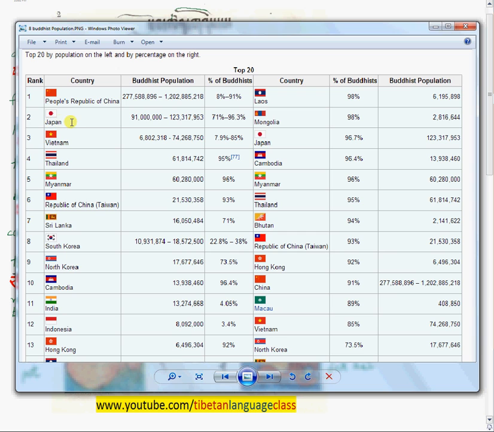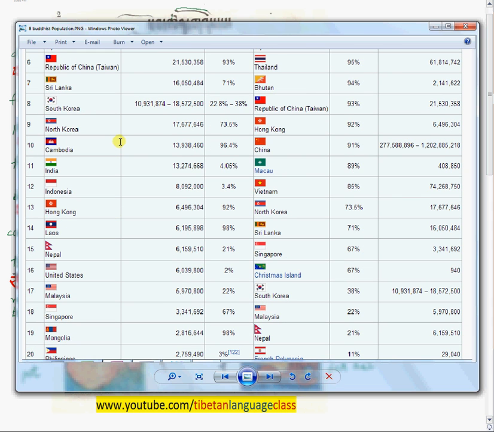And then at number 2, Japan, Vietnam, Thailand, Myanmar or Burma, Republic of China, Taiwan, Sri Lanka, South Korea, North Korea, Cambodia, and India at number 11, the birthplace of Buddhism, with only 4% of the total population as Buddhists.